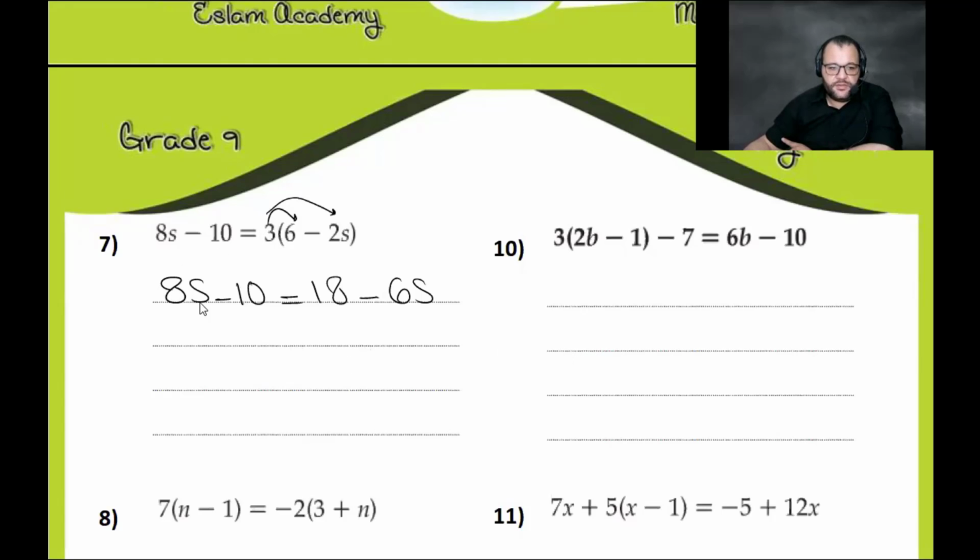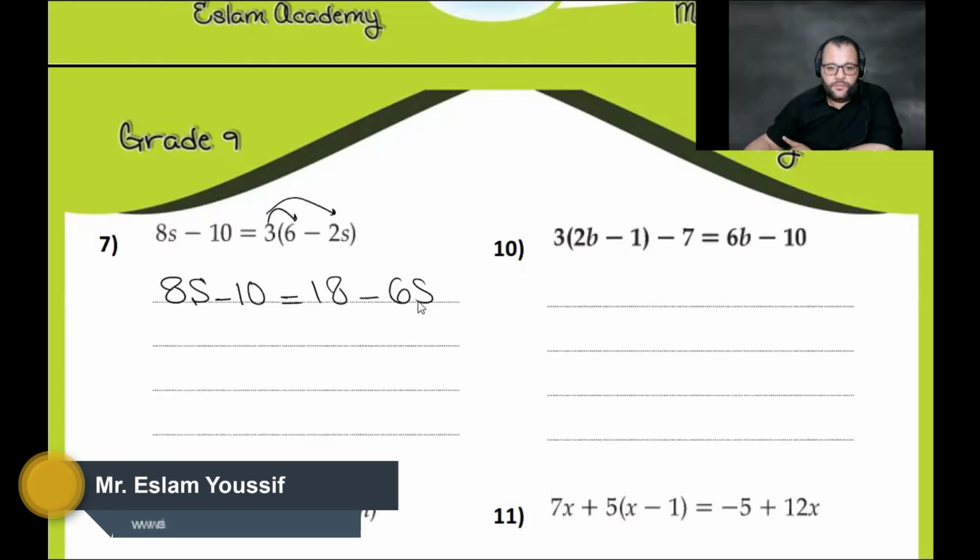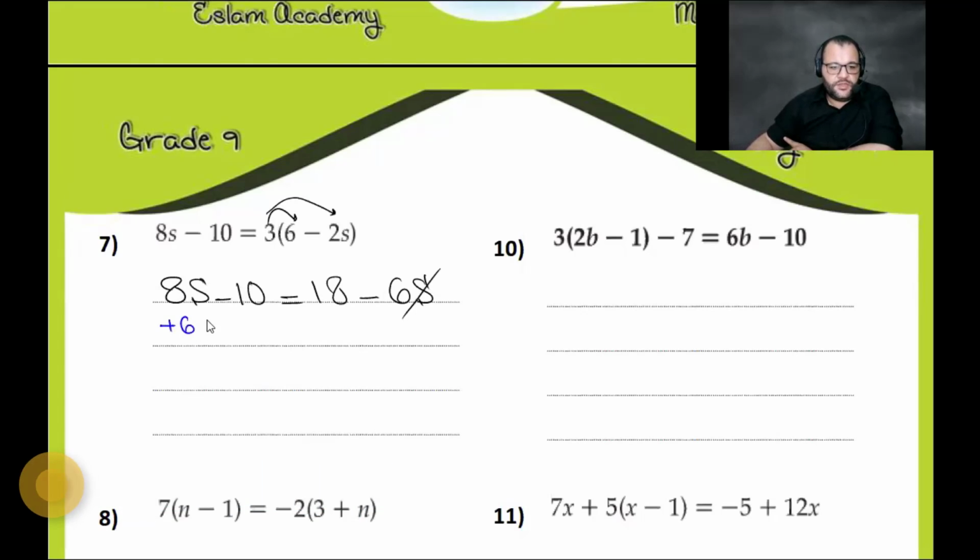Yes, 8s. Okay, so you switch 6s to the left. So it will be positive 6s. So it'll be 8 plus 6, 14s.